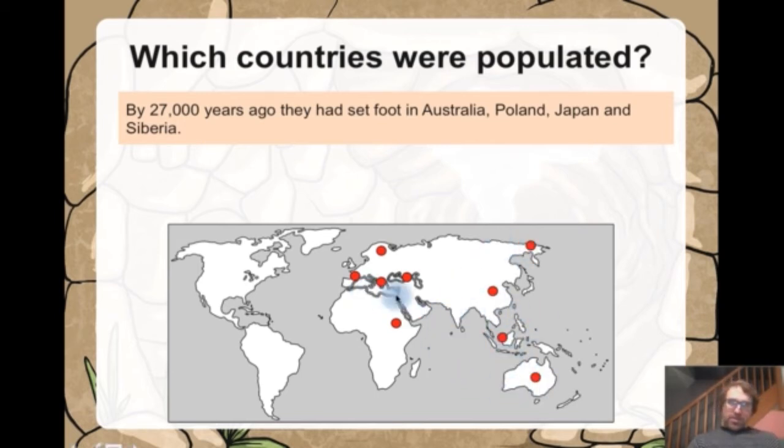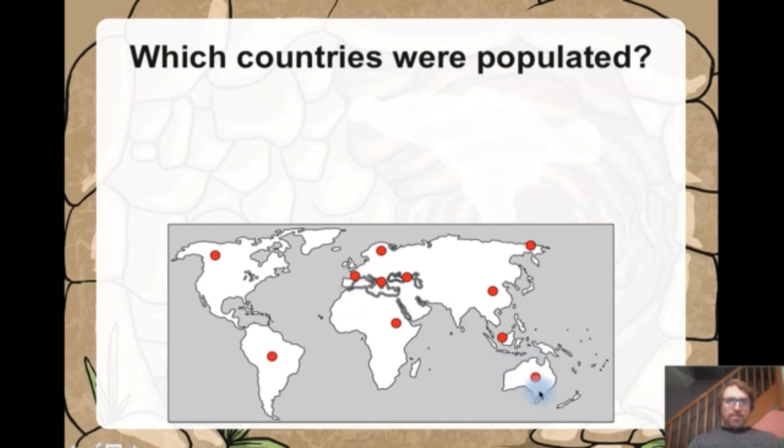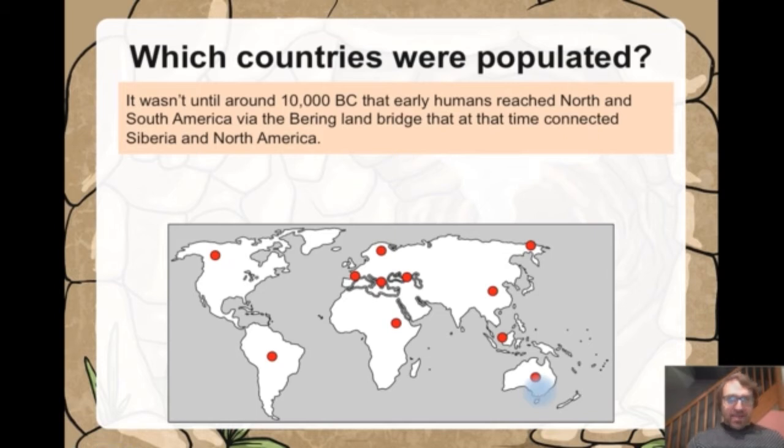Okay, you can see all these new dots here. Australia down here. It wasn't until around 10,000 BC that early humans reached North and South America by the Bering Land Bridge that at the time connected Siberia and North America.